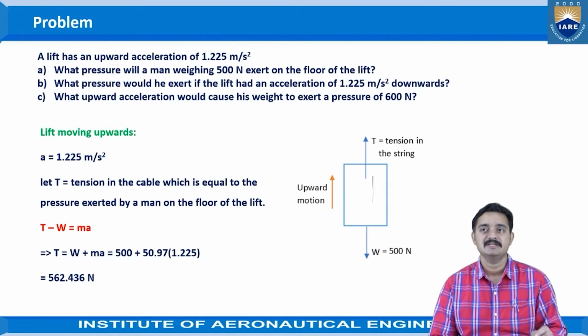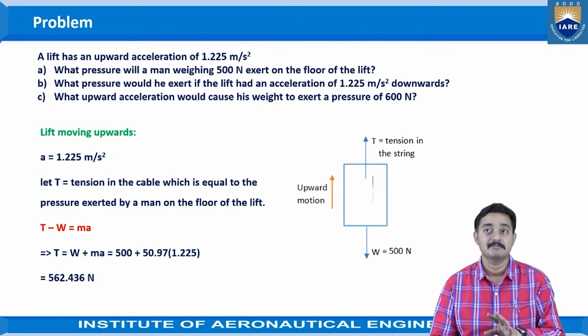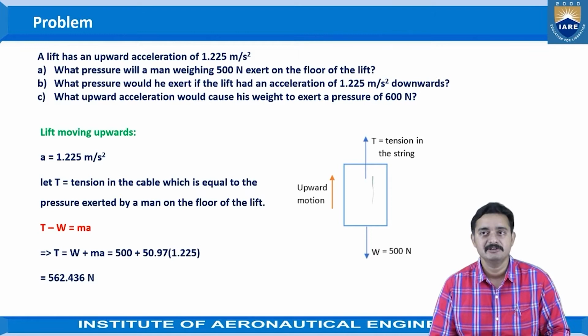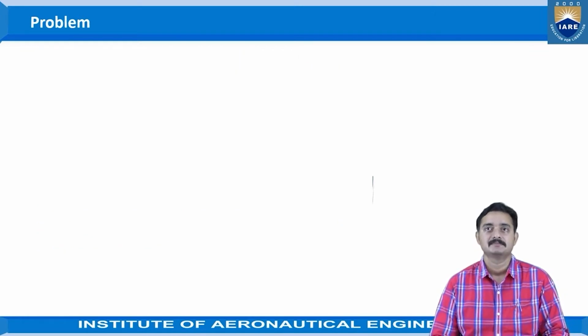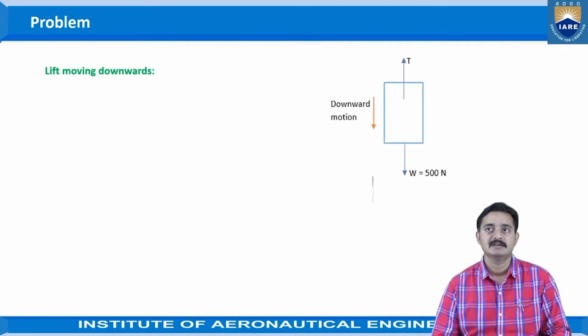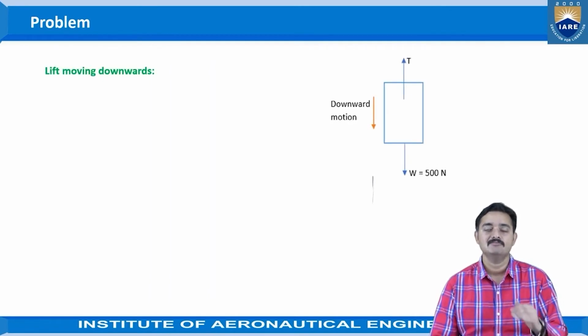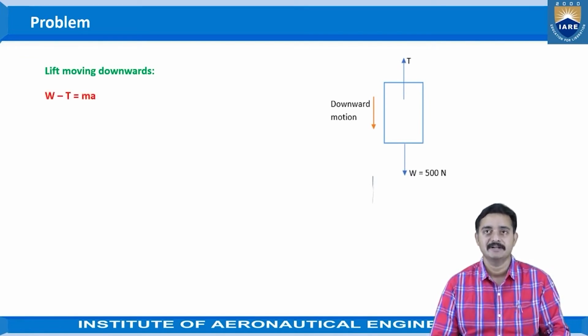So as you can observe here, the weight of the lift along with the person is 500 newtons, but the tension T is higher than the weight. So obviously the lift will be moving upwards. Now as the second case, lift moving downwards. When the lift is moving downwards, the acceleration will be in the downward direction.